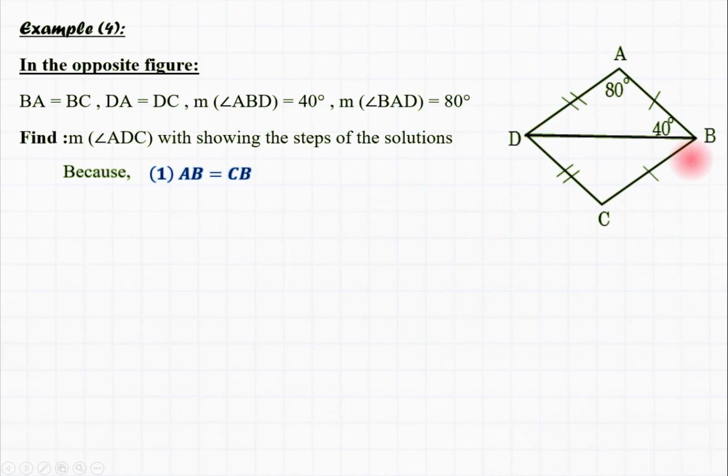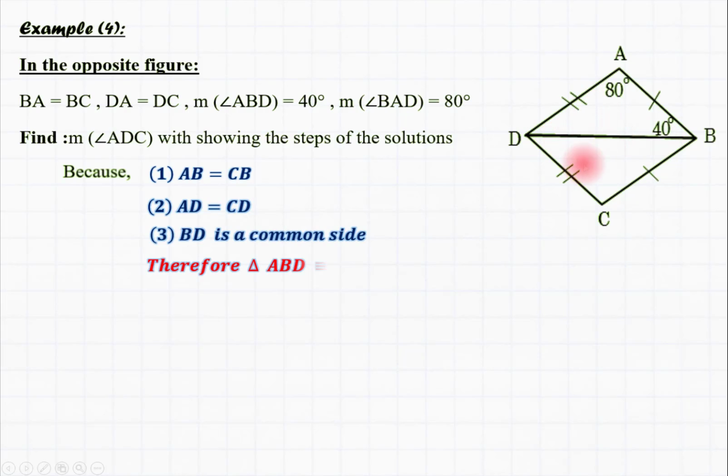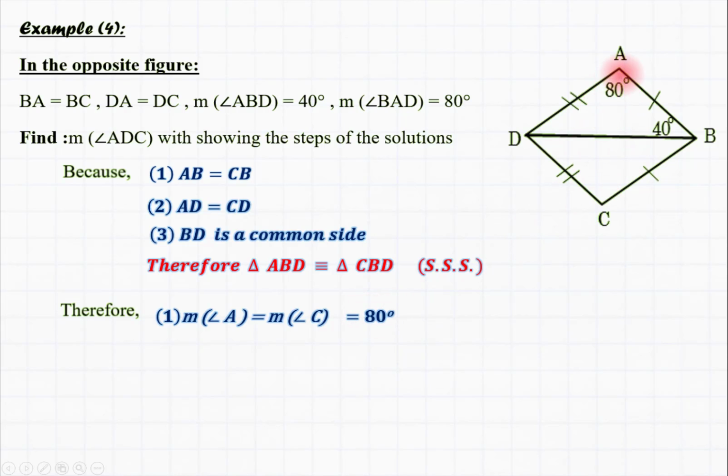Because AB equals BC and AD equals DC and BD is the common side, therefore these two triangles are congruent, side side side. From the congruence, the measure of angle A equals the measure of angle C equals 80 degrees, and the measure of angle ABD equals the measure of angle CBD equals 40 degrees, and the measure of angle ADB will equal the measure of angle CDB.